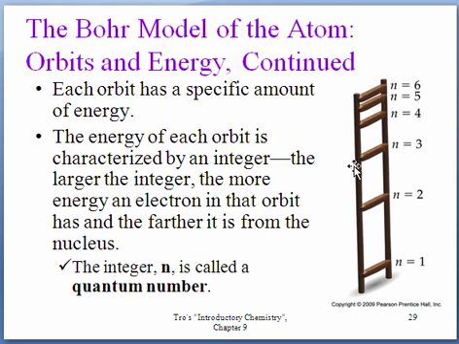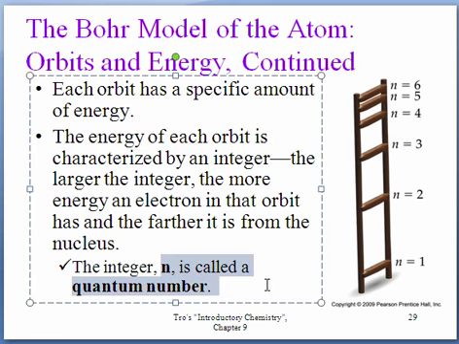So this is what we mean by this quantization. The energy of each orbital is characterized by an integer. The closer it is to the nucleus, the smaller it is. This would be the orbital that is closest to the nucleus. This would be next closest, next closest, next closest. This integer is known as a quantum number, and it's known as the principal quantum number, often symbolized by a lowercase letter n.